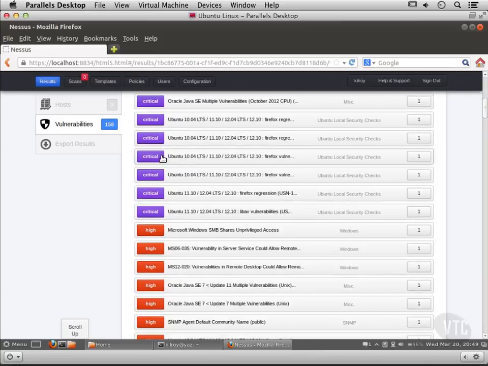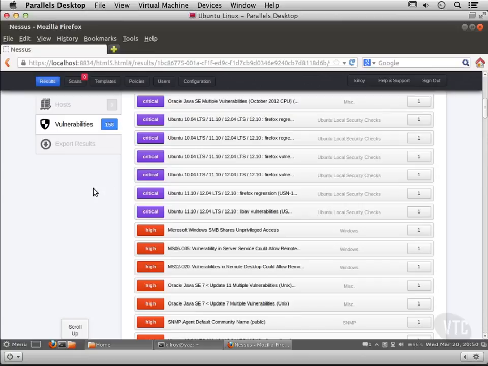Now, some of these here, we've got like a Firefox vulnerability. This is a local vulnerability, and it may be one of those that you don't even want to report on necessarily, depending on what other mitigations are in place. In reality, we provided the credentials for this particular server, and Nessus was able to log in and just see whether there were packages that were outdated and whether there were any vulnerabilities that were attached to them.